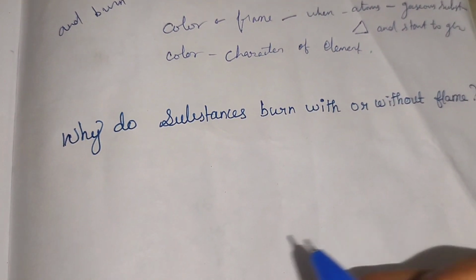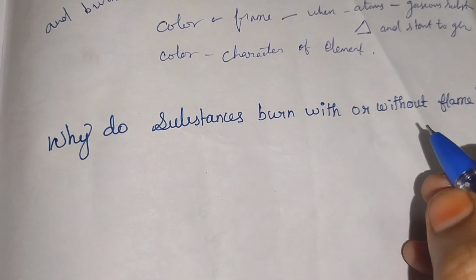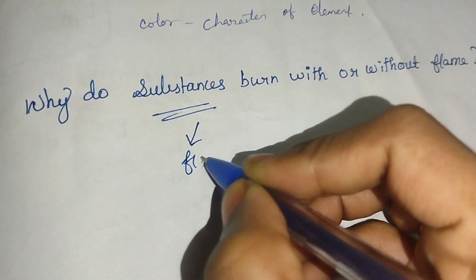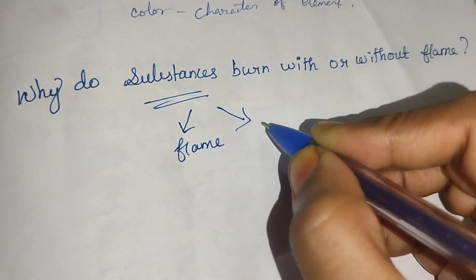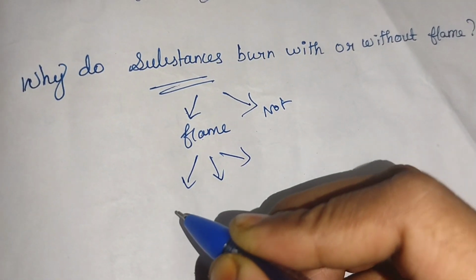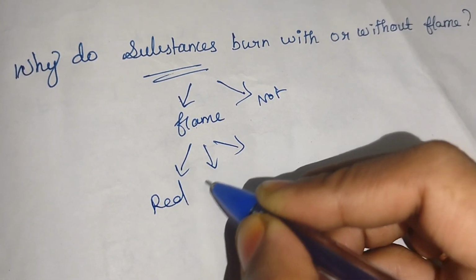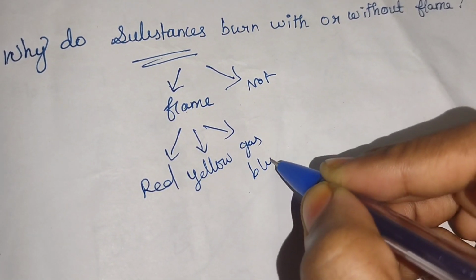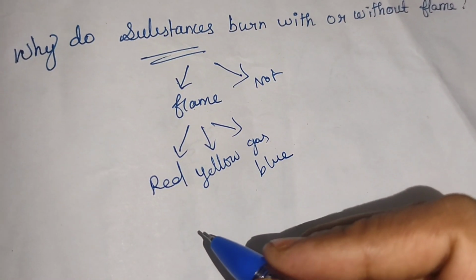Here, why do substances burn with or without flame? Not all substances, some will give a flame and some will not. And this flame comes in various colors. Sometimes the flame is clear red, sometimes yellow. For example, in a gas stove it is blue.